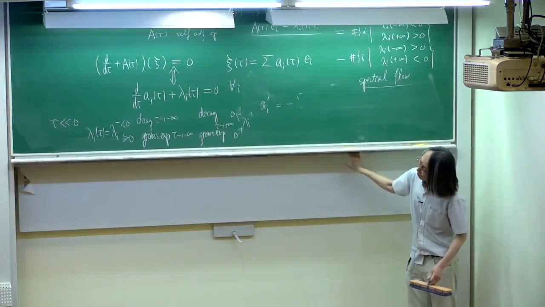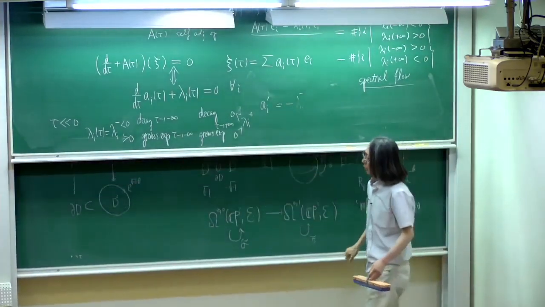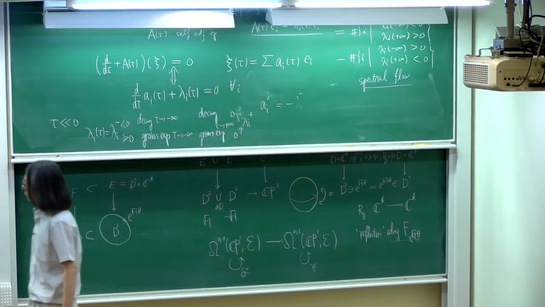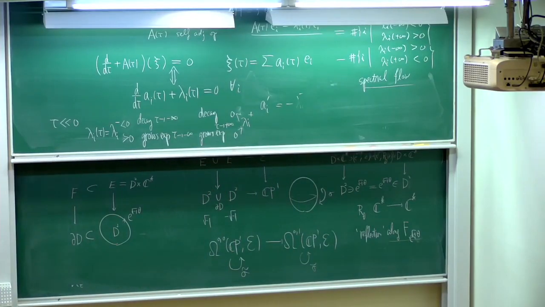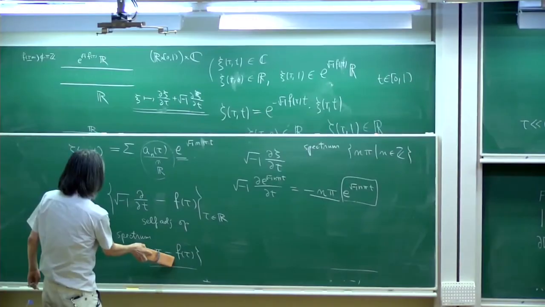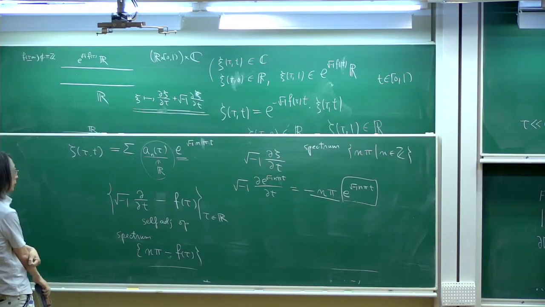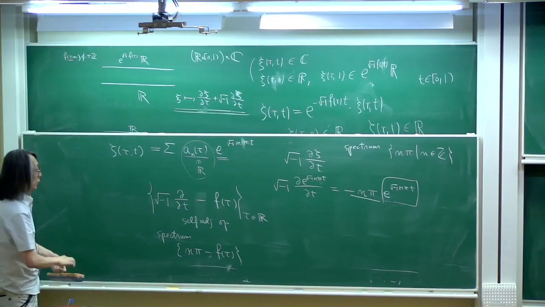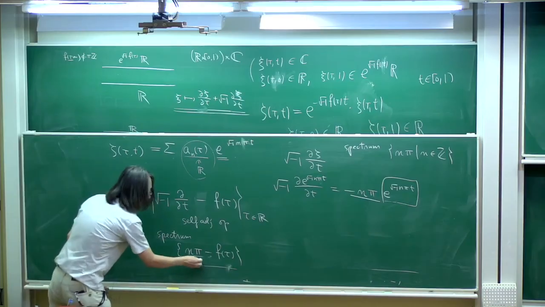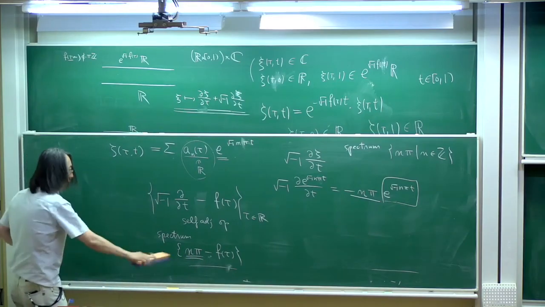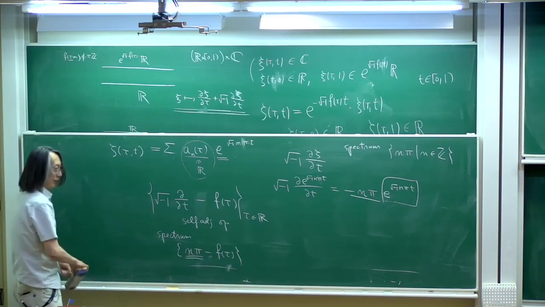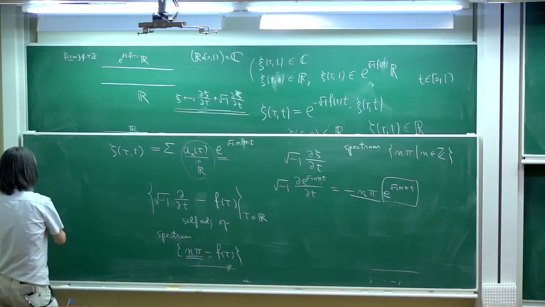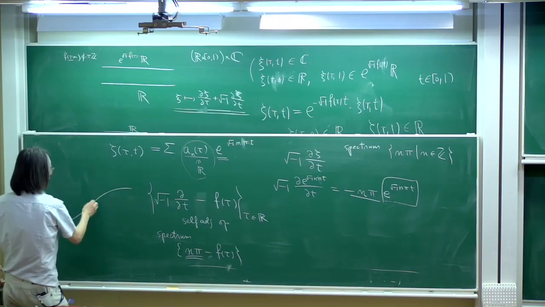So now in this situation, I may get this minus sign, I don't know if this is true or not. But anyway, for each n pi, we know how the spectrum changes, right? So I have some f tau here like this.